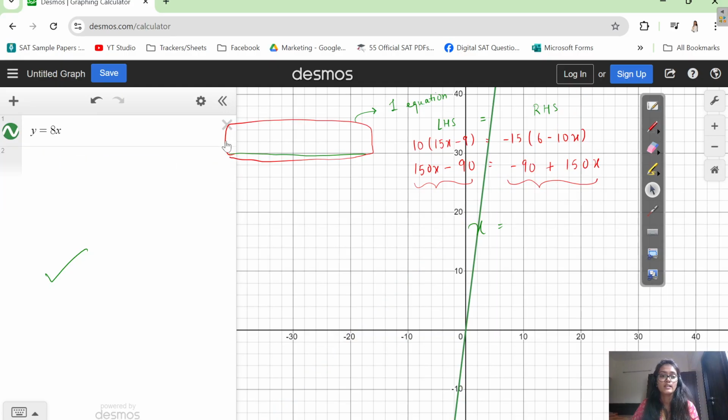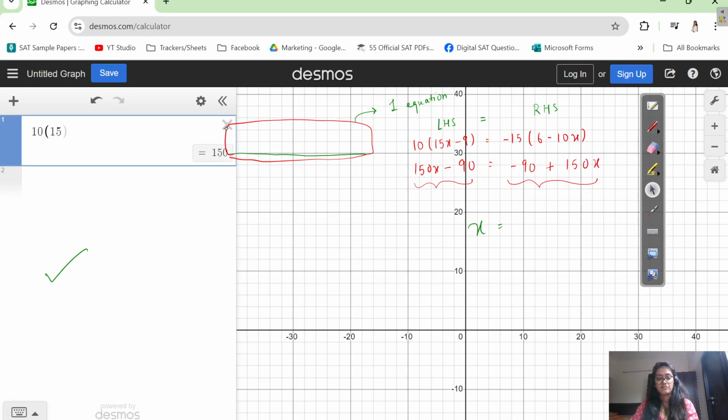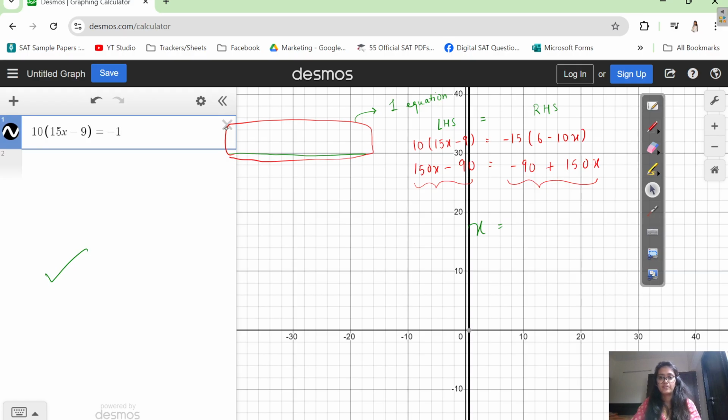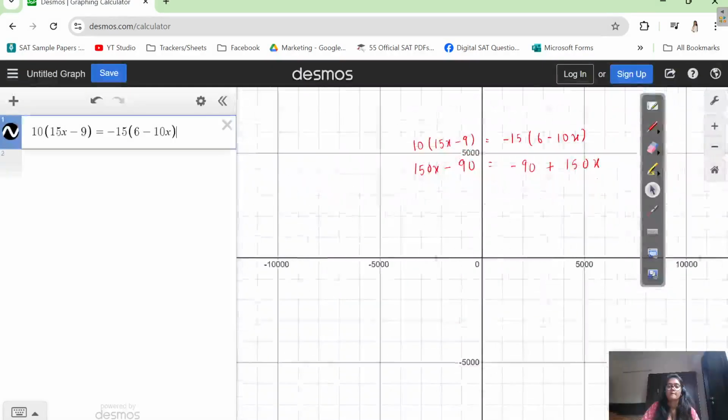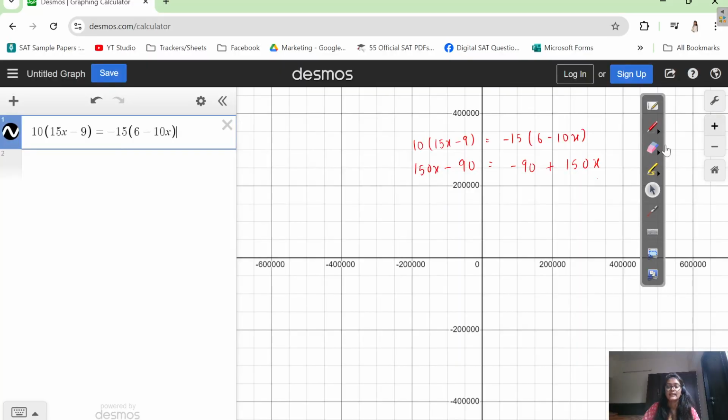So we go on DESMOS and plot this equation as it is given to us: 10 times 15x minus 9 equals negative 15 times 6 minus 10x. I have plotted the equation and you can see that we are not getting anything on DESMOS, even if you zoom out.